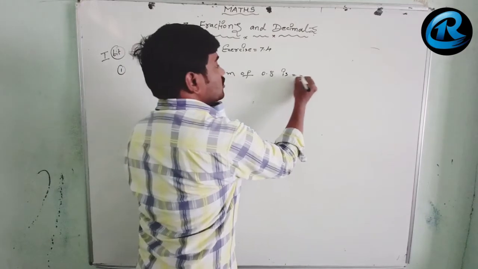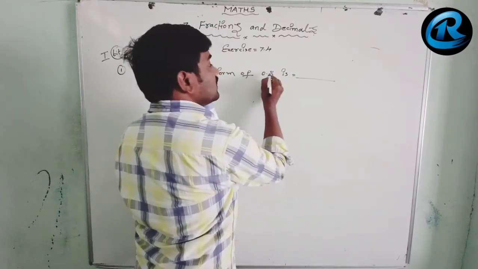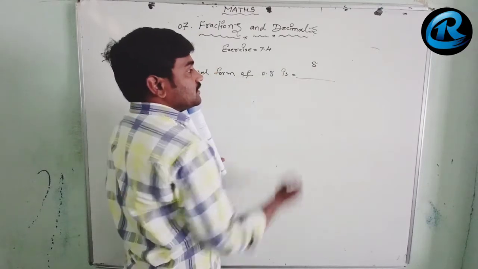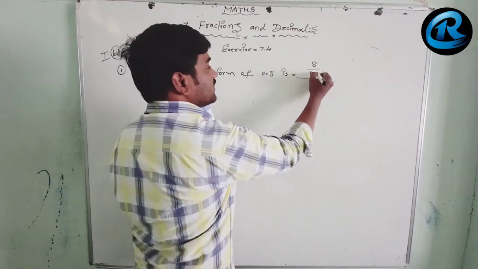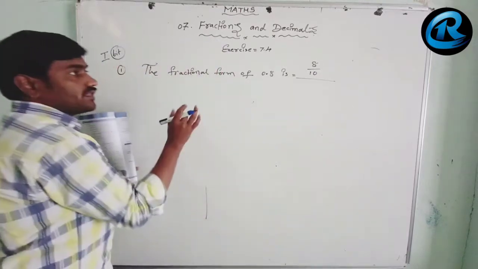It is a decimal number; change it into the fractional form. Here see, write the numerator as it is, first the number 8. After the decimal point, how many digits are there? Only one digit. So let us divide by ten, because this 8 is in the tens place. So 8 by 10.